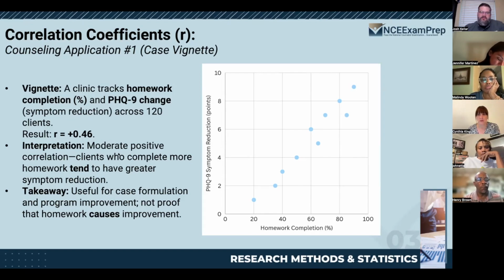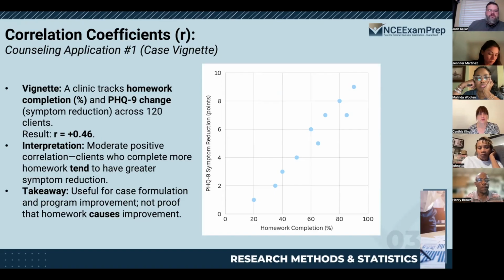Our interpretation of that is that there's moderate positive correlation. Clients who complete more homework tend to have greater symptom reduction. We're not saying that symptom reduction is caused by homework completion. We're just saying that those that complete tend to have greater symptom reduction.